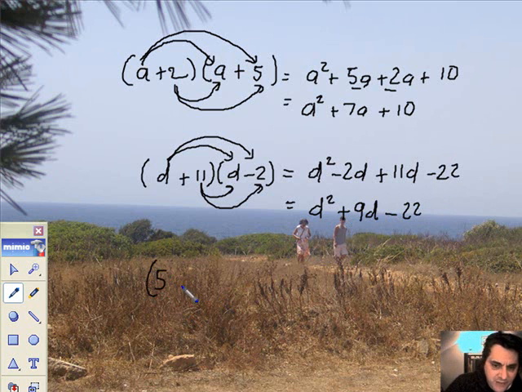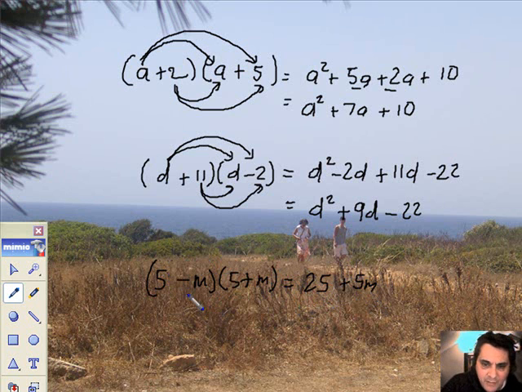I've got 5 minus m multiplied by 5 plus m. Usual thing, 5 times 5, 25, 5 times m plus 5m, minus m times 5, minus 5m, and minus m times m is minus m squared.